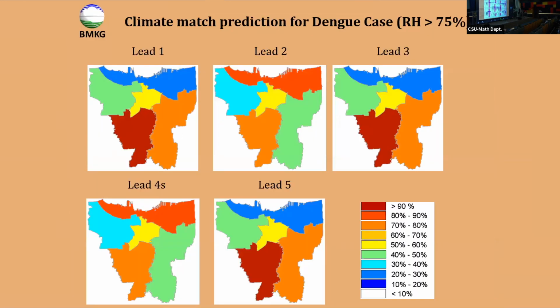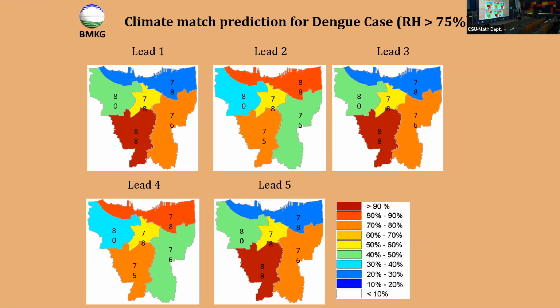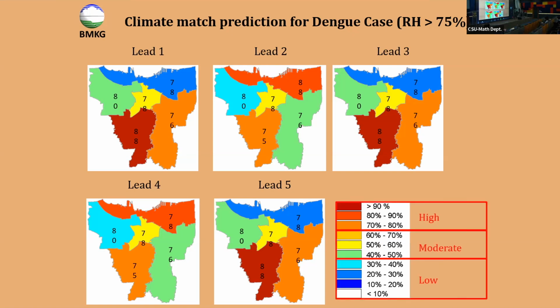So we propose this kind of climate-based prediction for dengue cases when relative humidity is above 75% in each area of Jakarta. Then we also have different lead times.